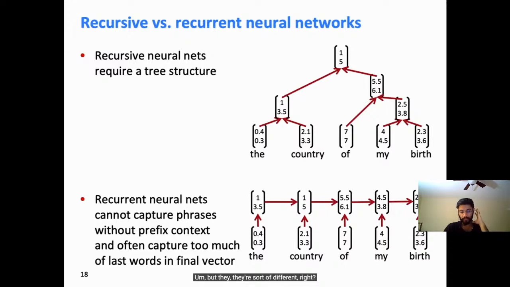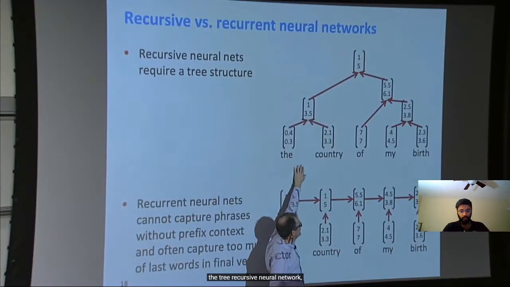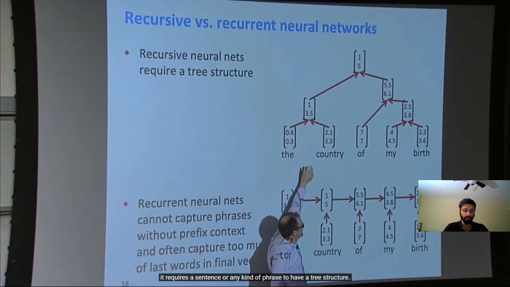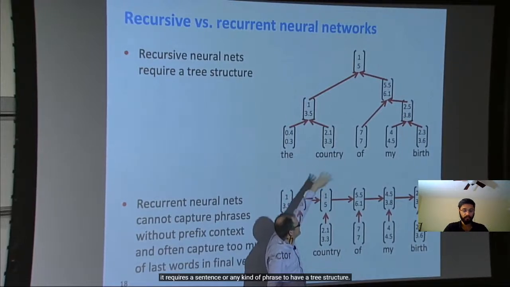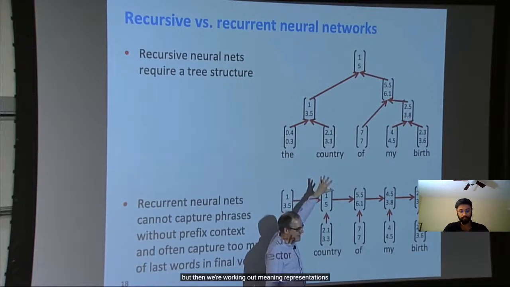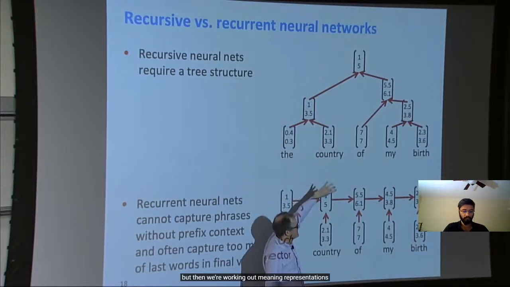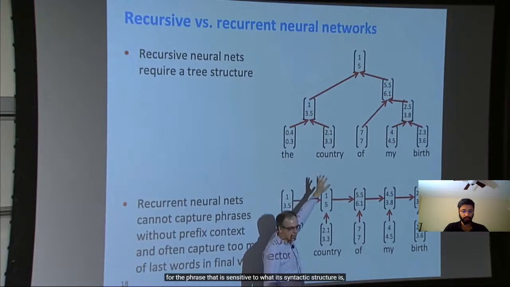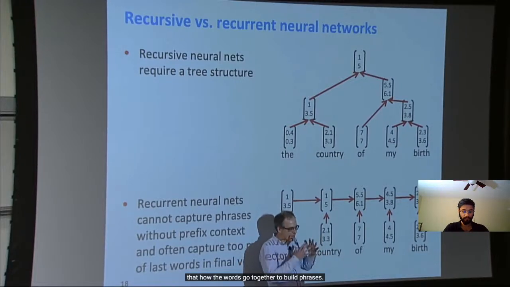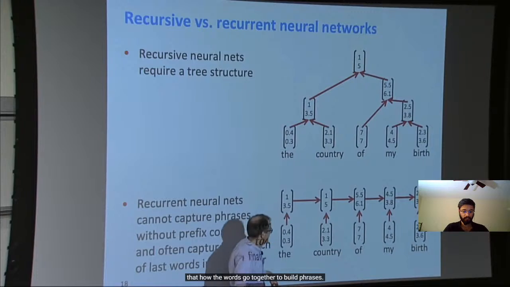But they're different, right? The tree recursive neural network requires a sentence or any kind of phrase to have a tree structure so we know what its component parts are, but then we're working out meaning representations for the phrase that are sensitive to what its syntactic structure is, how the words go together to build phrases.